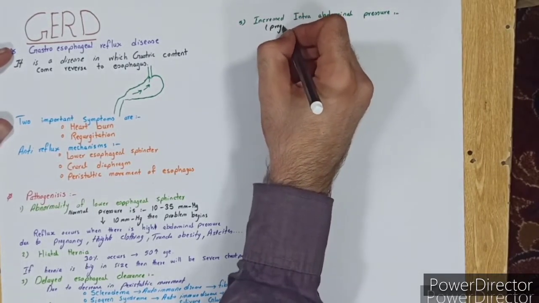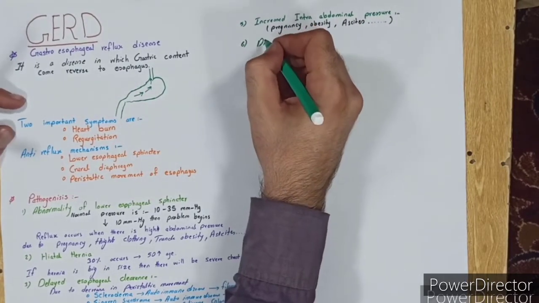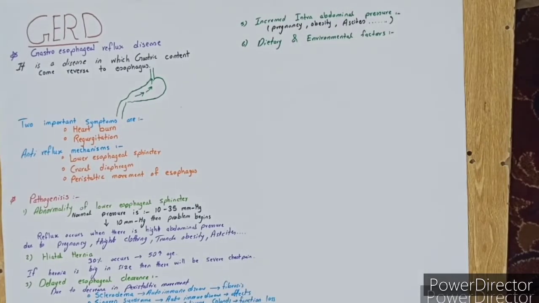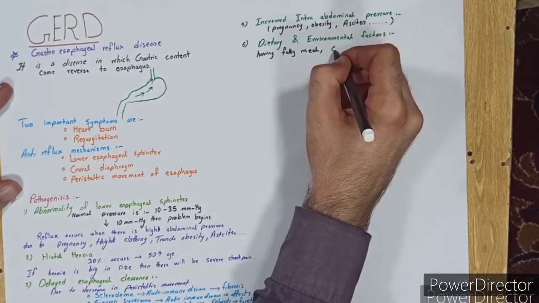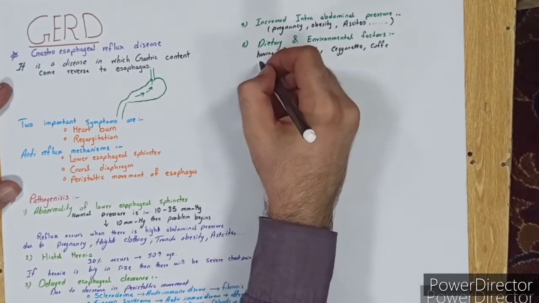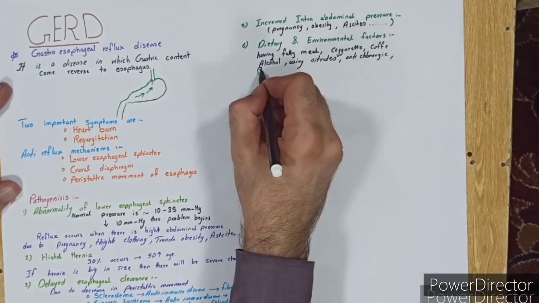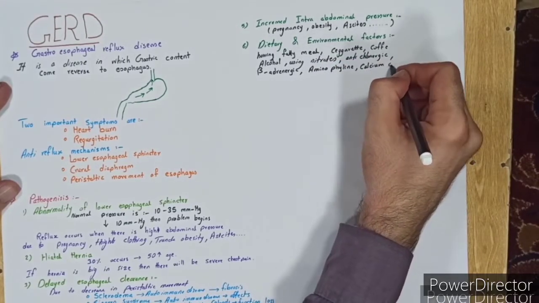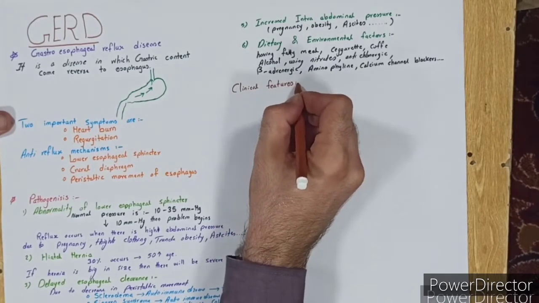It is because of pregnancy, obesity, ascites, heavy meal, and etc. Sixth one is dietary and environmental factors, which are fatty meal, chocolate, cigarette, coffee, alcohol, nitrate use, anticholinergic drugs, beta-adrenergic drugs, aminophylline, calcium channel blocker, sildenafil, others like vomiting, NG tube, scleroderma, sleeping just before eating or after eating.